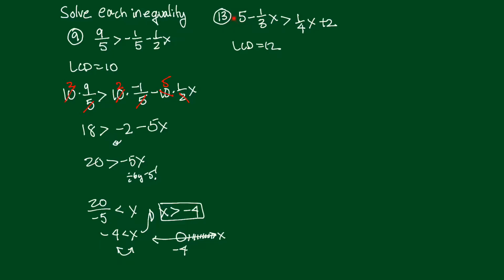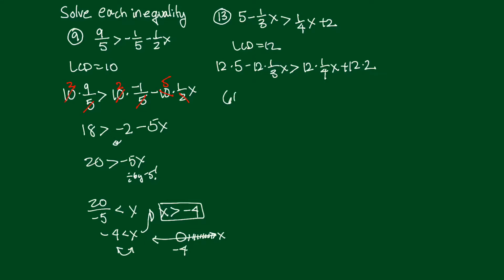I'll write it here, here, here, and here. It looks like this. 12 times 5 minus 12 times 1/3 x, strictly greater than 12 times 1/4 x plus 12 times 2. Let's simplify.